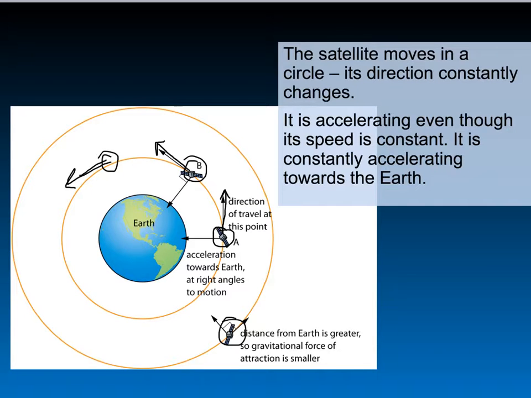Now the satellite is moving at a constant speed. Okay, so its speed staying the same. However, its direction is changing. You should know that speed with direction is called velocity.